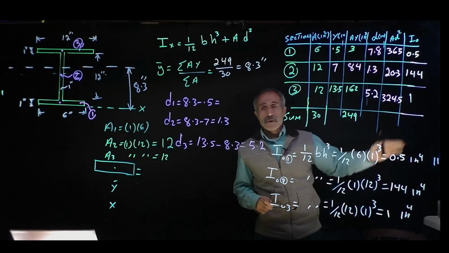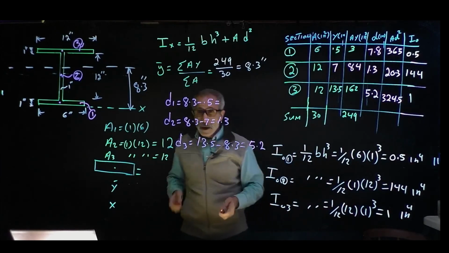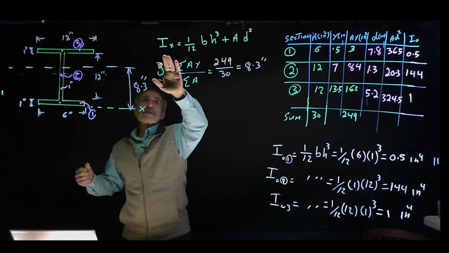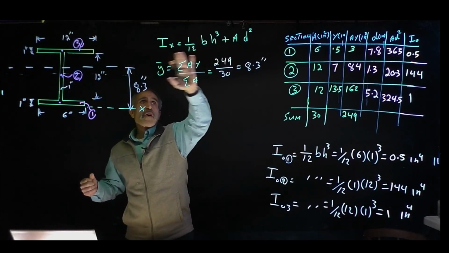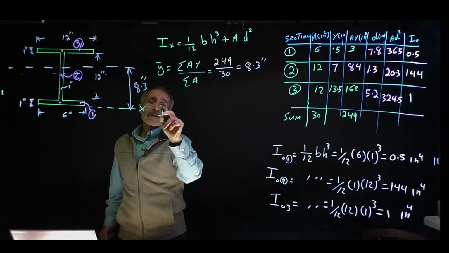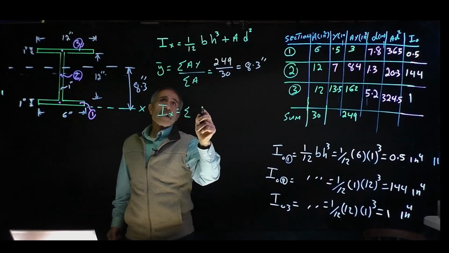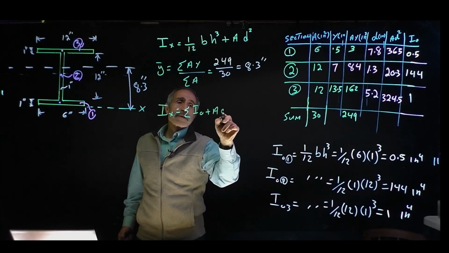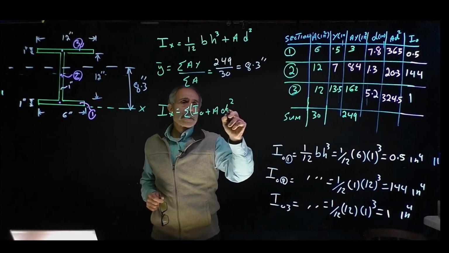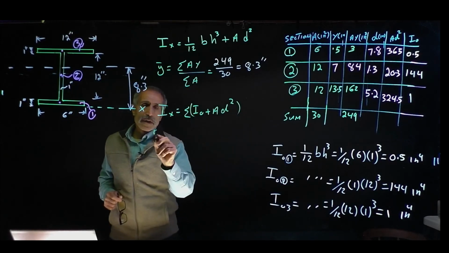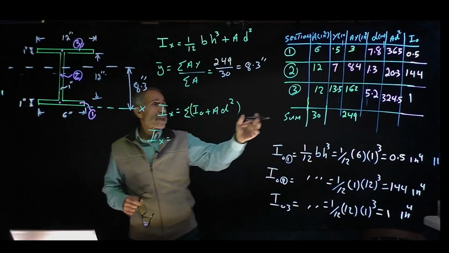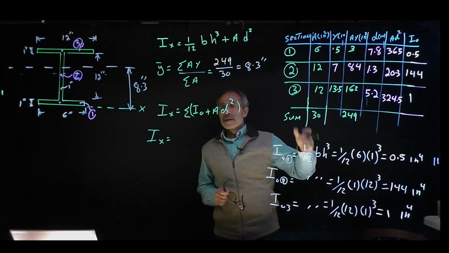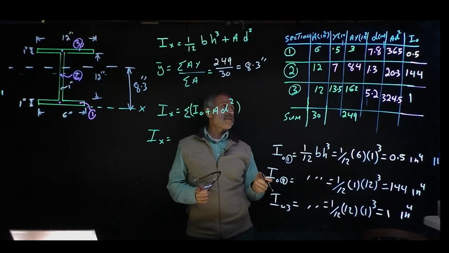Now we filled out everything. We have that. Let me erase this. The moment of inertia for the entire shape, Ix, is equal to the summation of all of the I0 plus AD squared. Let's put parentheses around it. A lot of times it's easier to use Excel. Put this in Excel, and next time it makes it easier because you already set the formula for it.